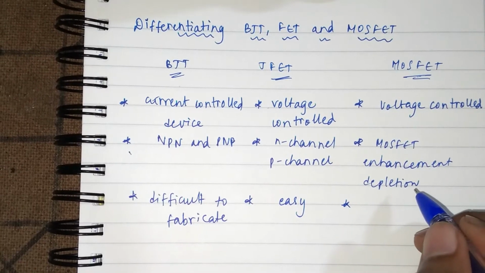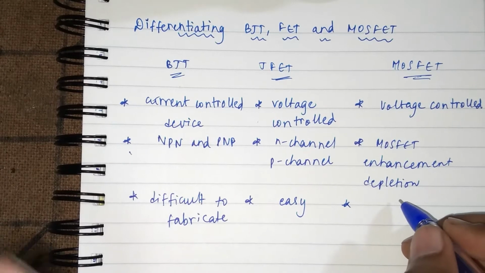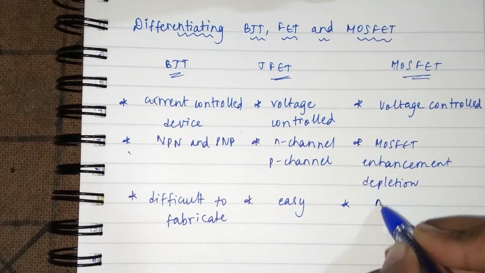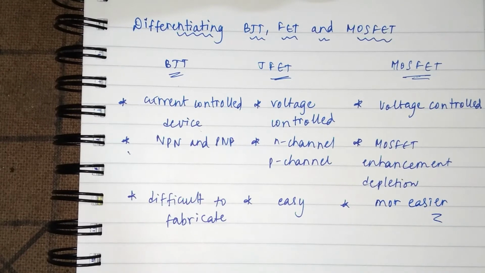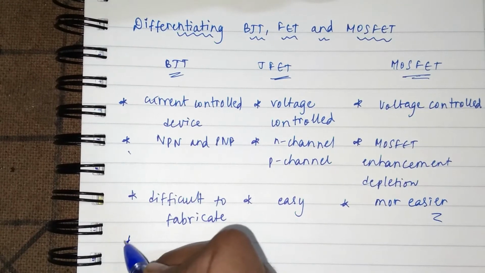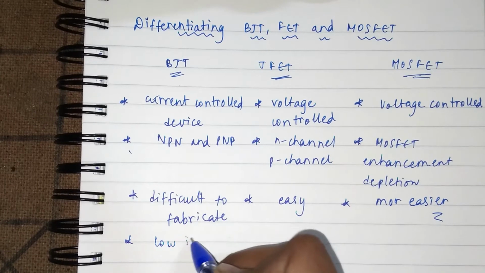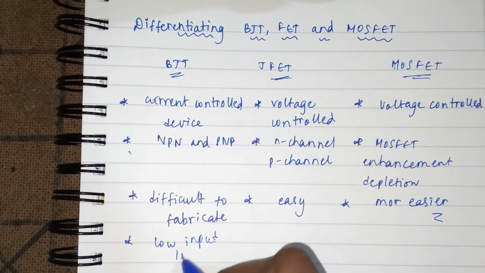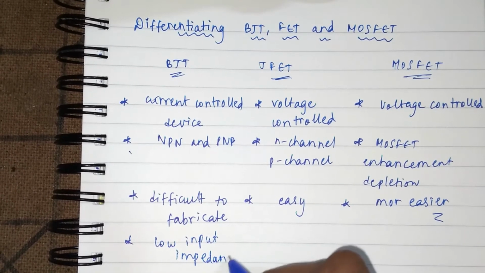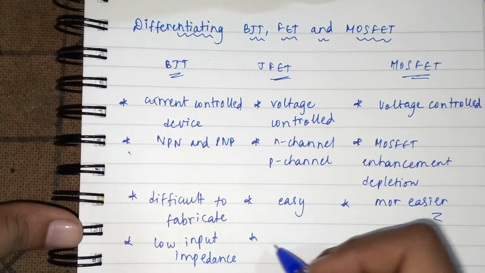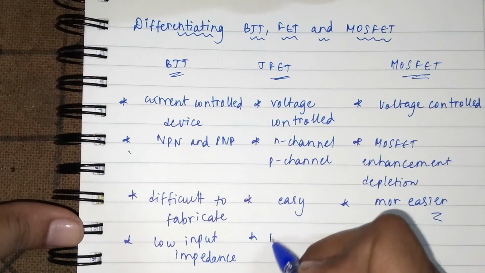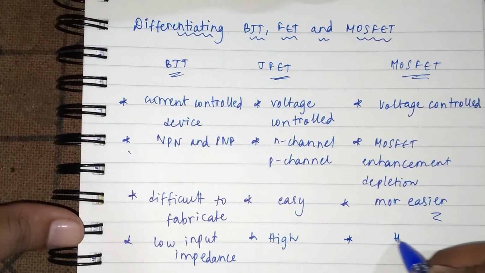And the thing about MOSFETs is that the fabrication is even easier when compared to JFETs. BJTs have low input impedance, whereas JFETs and MOSFETs have high input impedance.